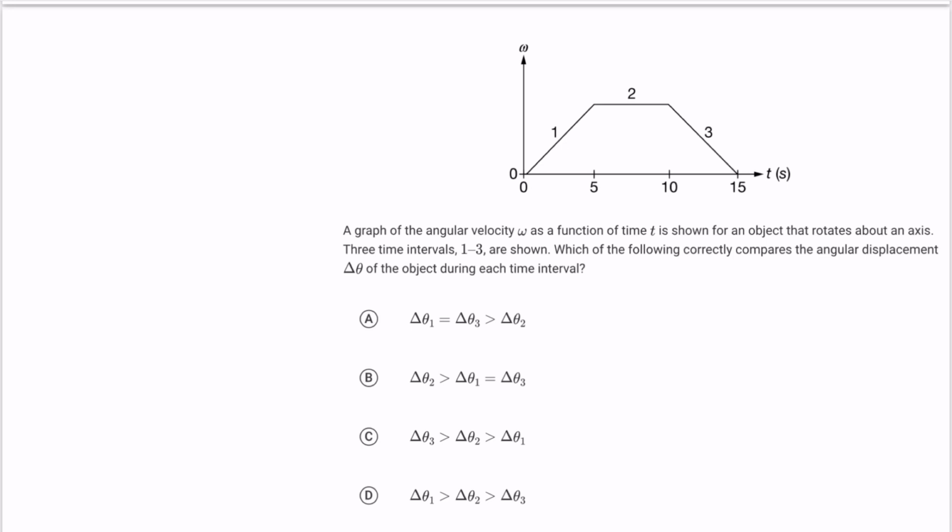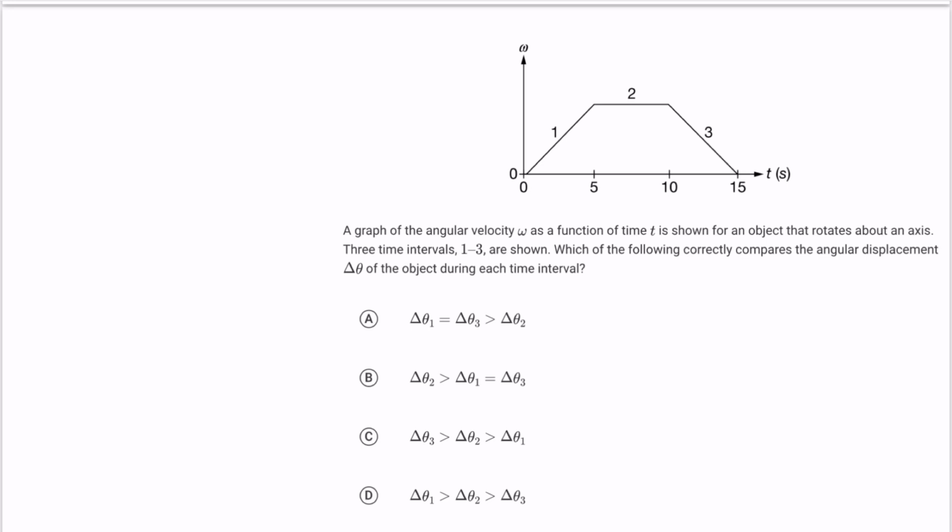Here's what you need to remember. When you have an angular velocity or any velocity versus time graph, then the area underneath the curve represents angular displacement. And that's actually used to derive one of the kinematic equations.